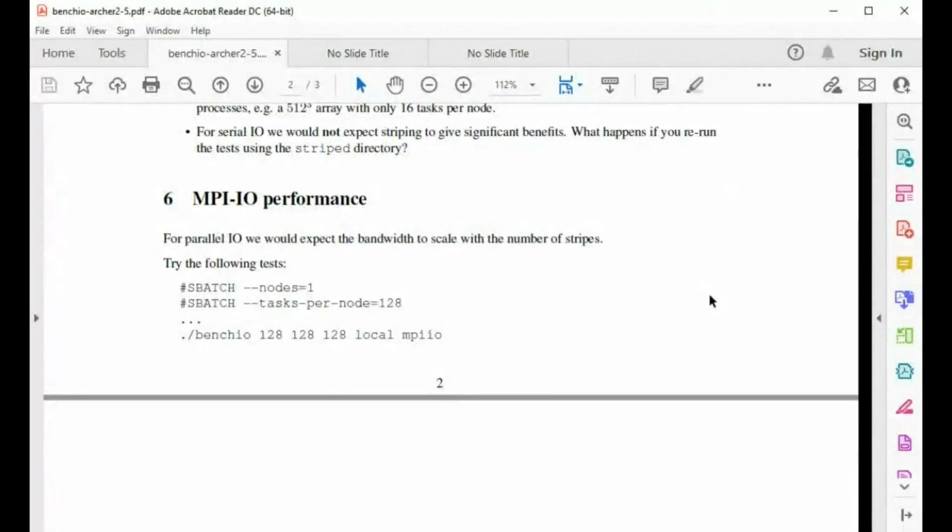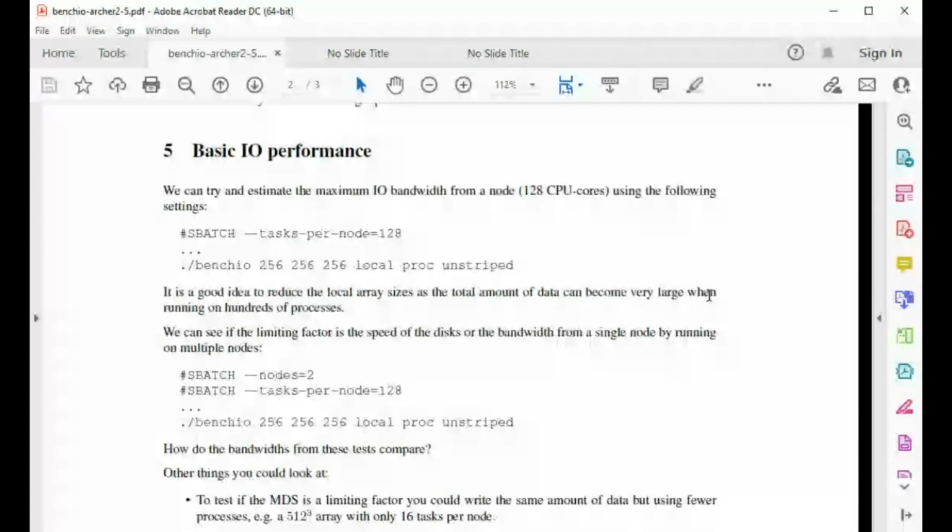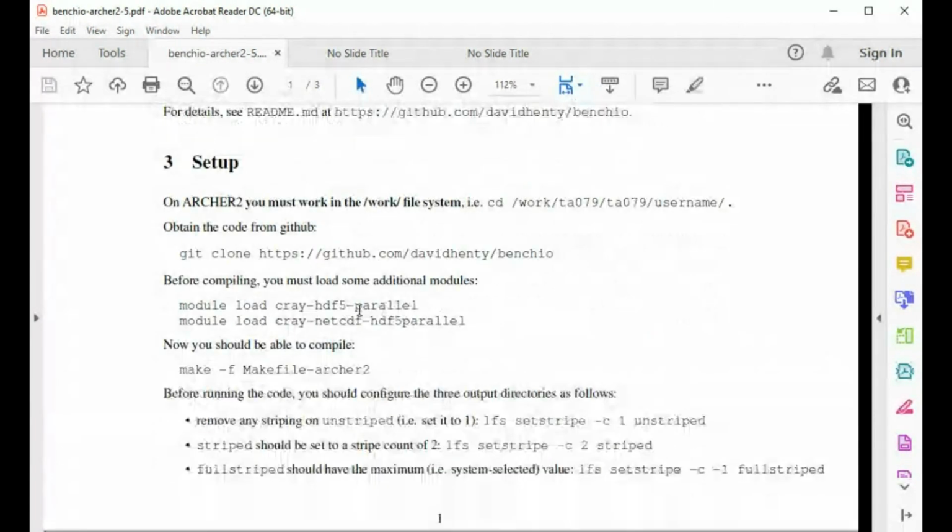If I share the exercise sheet, you'll have seen that the modules we had to load were cray-hdf5-parallel, so that is a module that uses HDF5 but uses MPI-IO, and actually the NetCDF library uses HDF5.